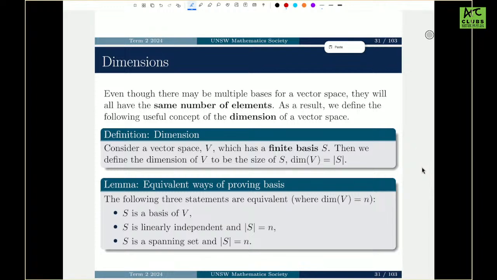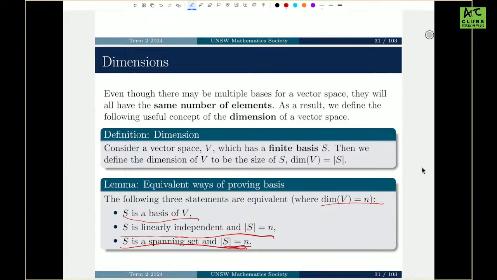Okay, the following three statements are equivalent, supposing the dimension of V is n. S is a basis of V; S is a linearly independent set, and it has n elements; and S is a spanning set, and again has exactly n elements.